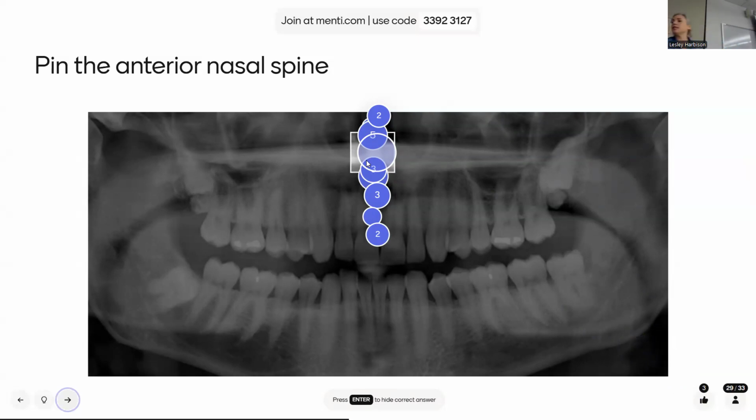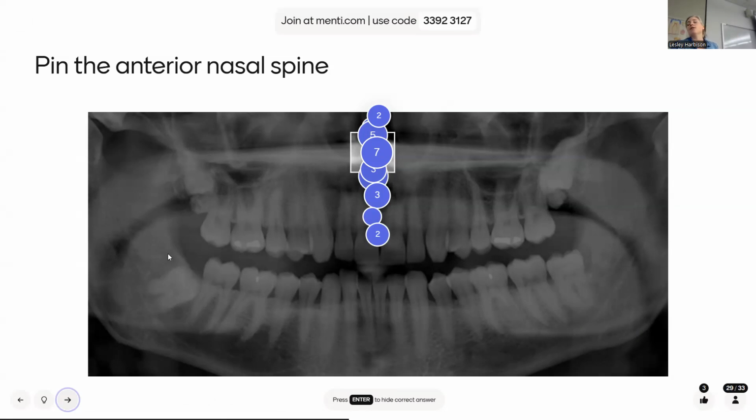Some other things that you can see here: in general, our submandibular gland fossa, see how it's more radiolucent in these areas down here? That's where our submandibular gland fossa is. You can see the mandibular nerve canal, where the nerve runs through. Up here, we have the mandibular foramen at the top, and then it exits at the mental foramen.